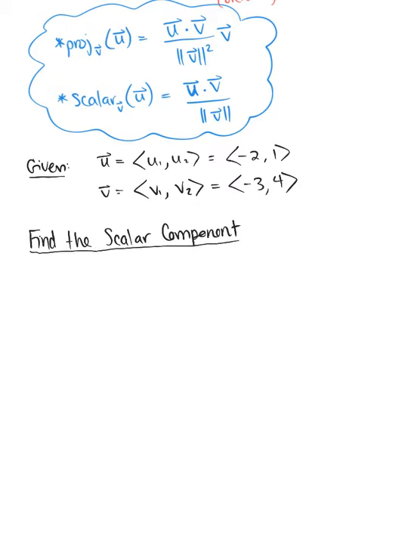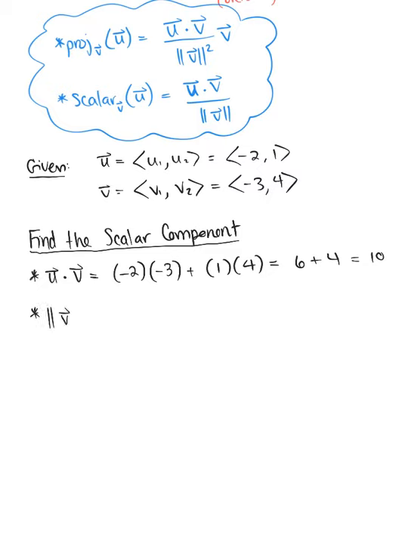Looking at our equation, we need the dot product. So vector u dot vector v is negative 2 times negative 3 plus 1 times 4, which gives us 6 plus 4, or 10. And then we also need the magnitude of vector v, which is the square root of negative 3 squared plus 4 squared.